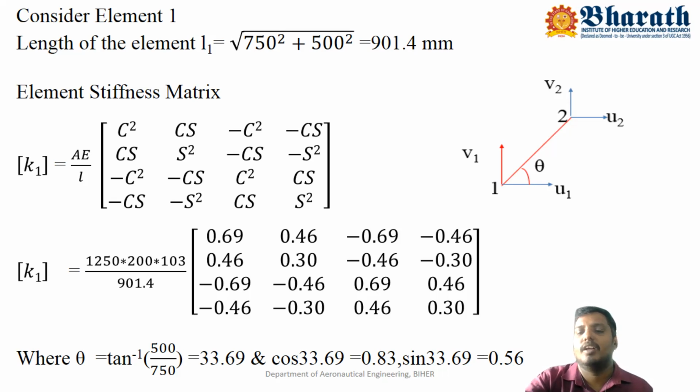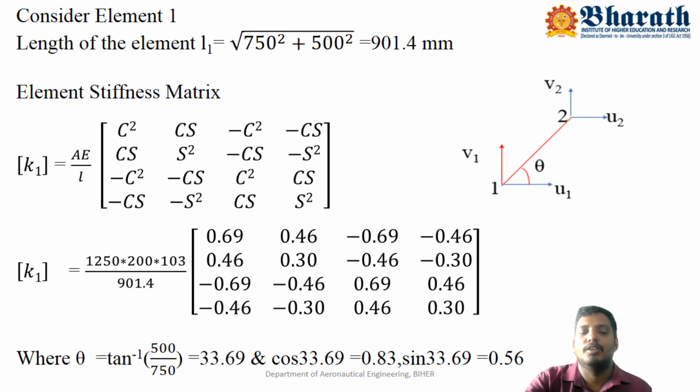We already know the horizontal distance is 750 millimeter and the vertical height is 500 millimeter. If we consider the triangle, then we use tan theta. Tan theta is equal to opposite by adjacent, where opposite is 500 millimeter divided by adjacent, which is 750 millimeter.